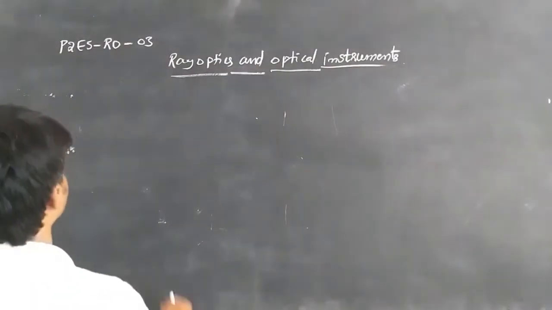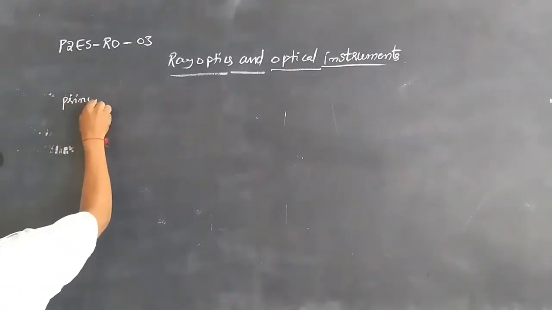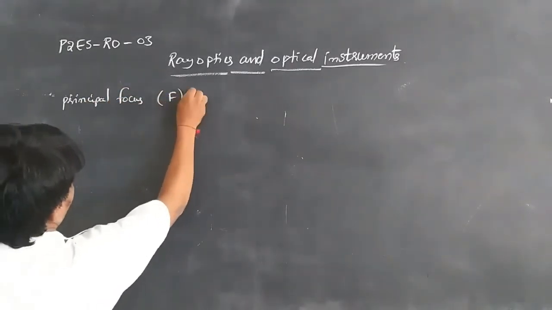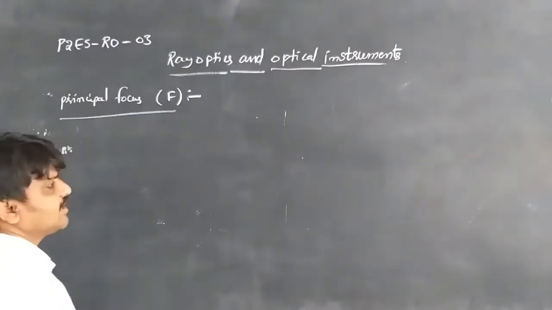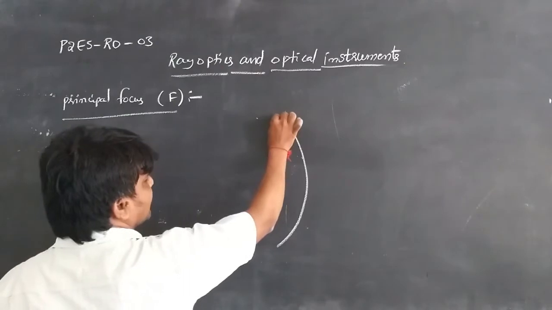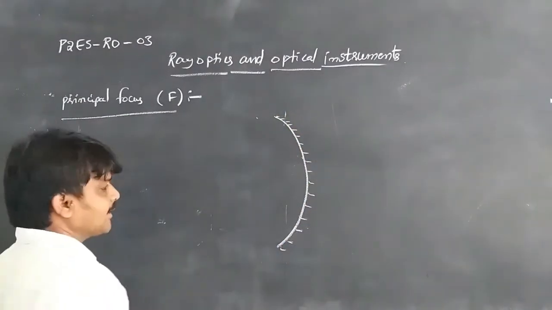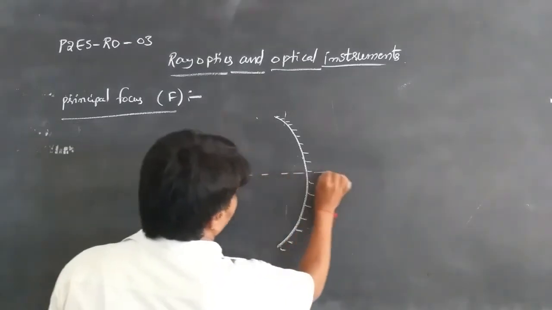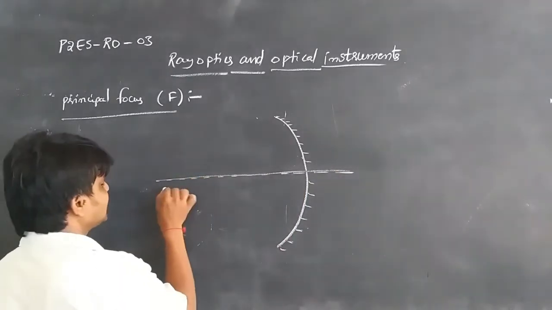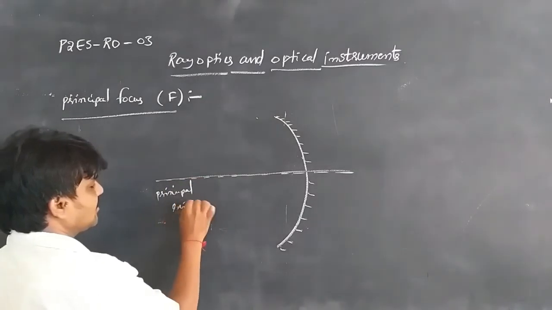The next one is principal focus. It is denoted with F. Consider a concave mirror, and this is the principal axis we have just discussed.